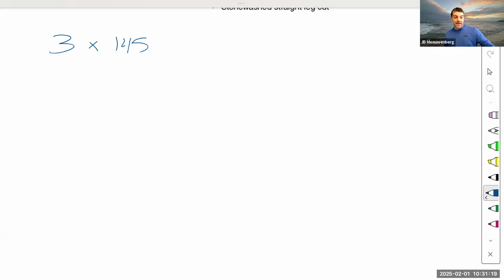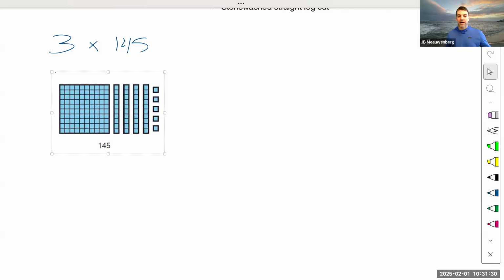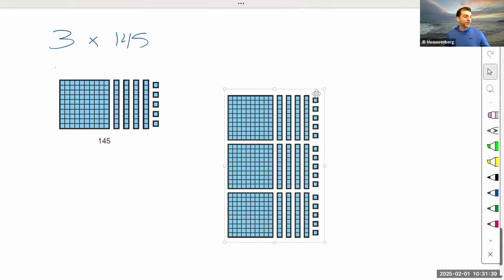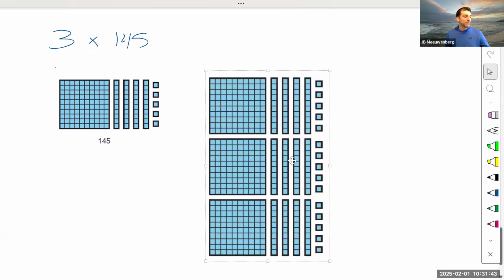So if you've done that and you're now coming back here, what you probably started with was a grouping that looked like this. There's our 145. And then you got out 3 of those. You just took 3 of those same groups and then you laid them out and they look something like this. So we had the same grouping as here, but then we just repeated it 3 times. Again, there's that idea of repeated multiplication.